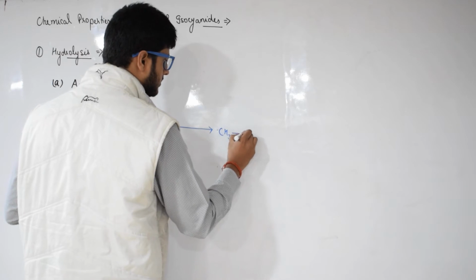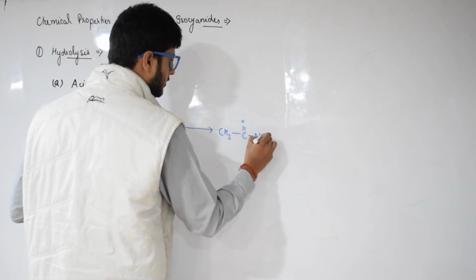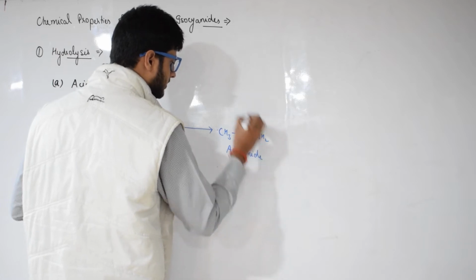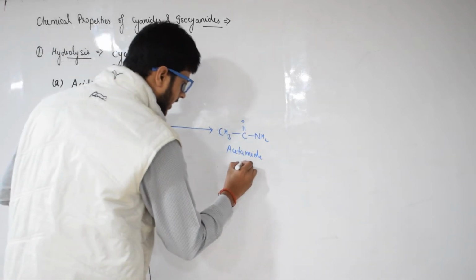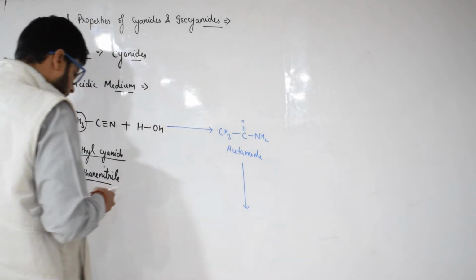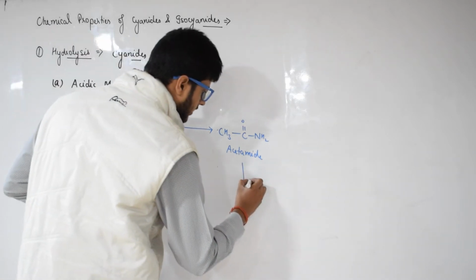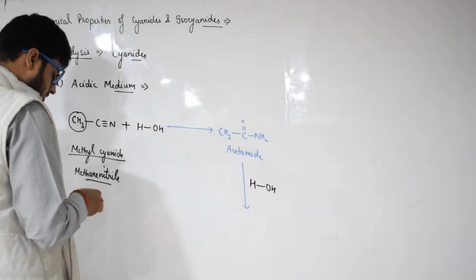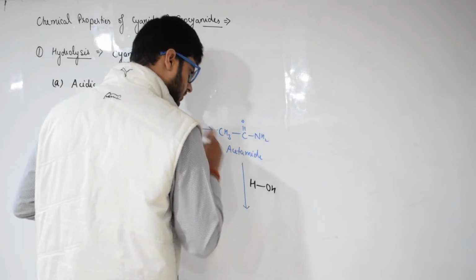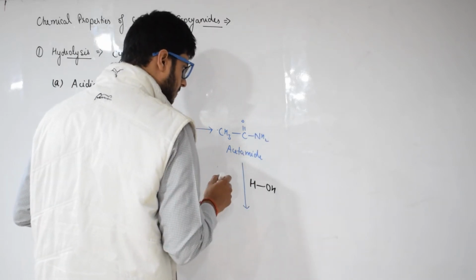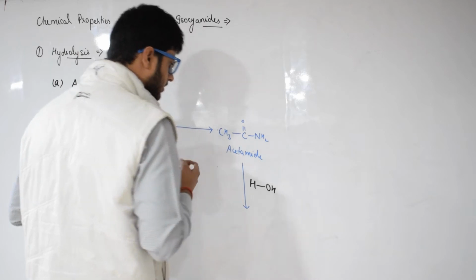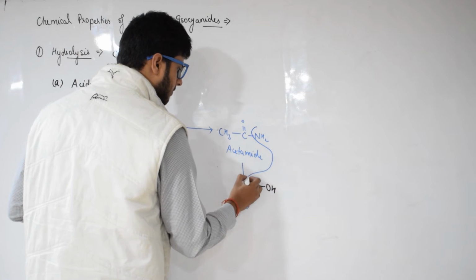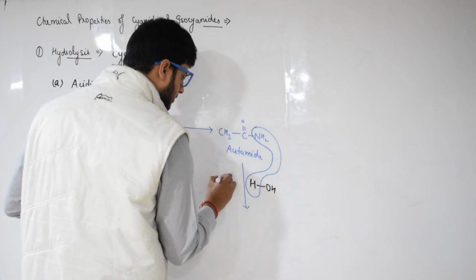CH3C double bond O NH2. It forms acetamide. Amide is formed. And on further hydrolysis, when it is further treated with water, what happens? This NH2 combines with hydrogen to form ammonia.